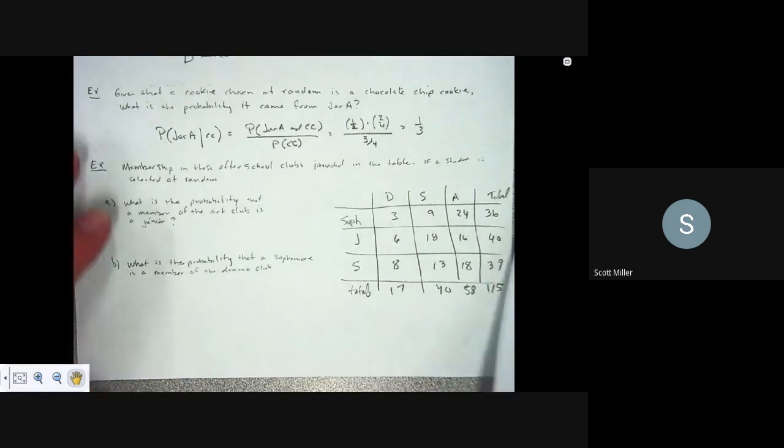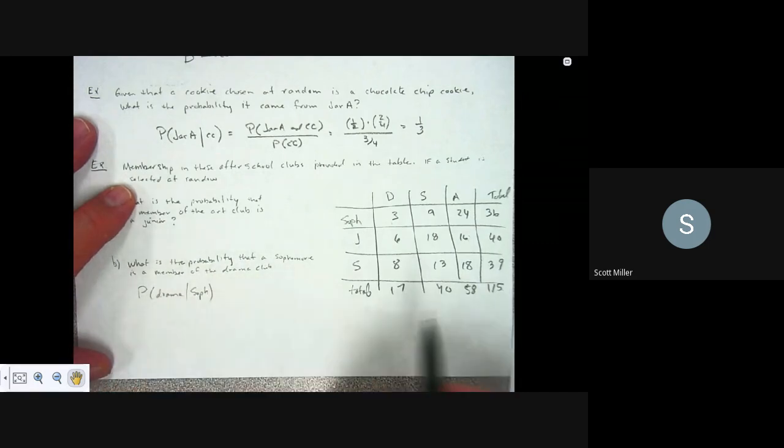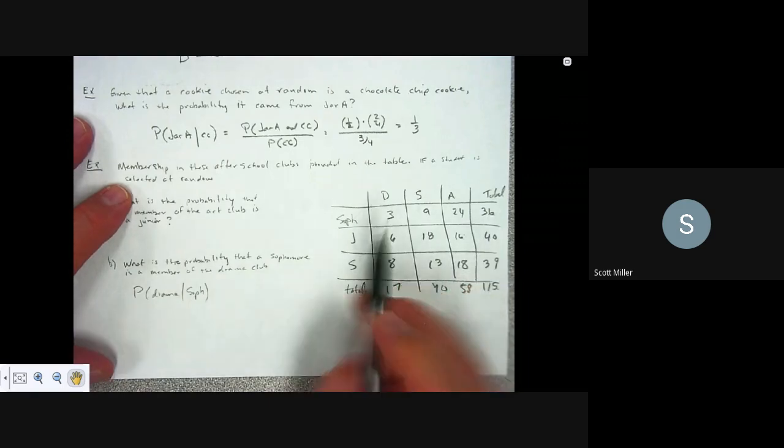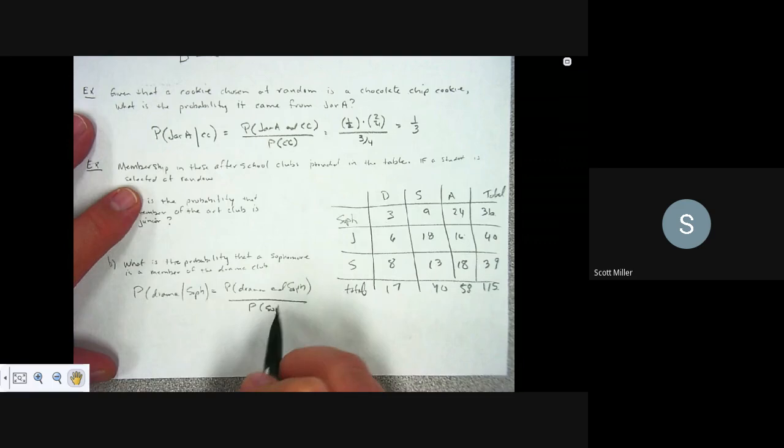But we can do it the other way also. What is the probability that you are in drama, given that you are a sophomore? Sophomore happened, 3 of them are in drama. Drama and a sophomore over the probability that they are a sophomore.